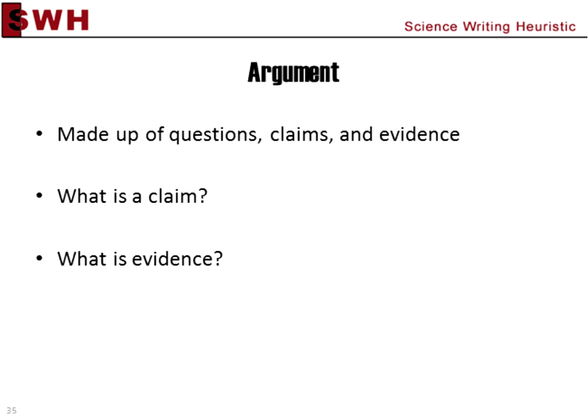And so when we talk about argument, we're talking about a process that's made up of questions, claims, and evidence. And the question is the centering point for the argument. And then claims and evidence. Claim is, in a very reductionist version, your answer to your question, and evidence is the reasoning behind that, a story that convinces others or unfolds your reasoning to others so they can come to the same conclusion or see the flaws in yours.